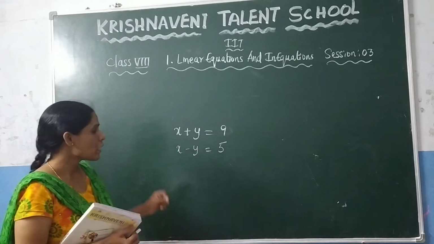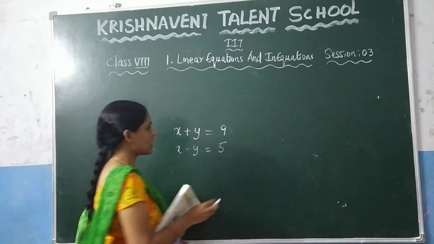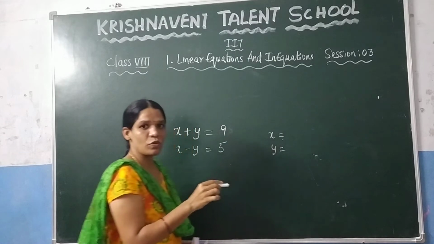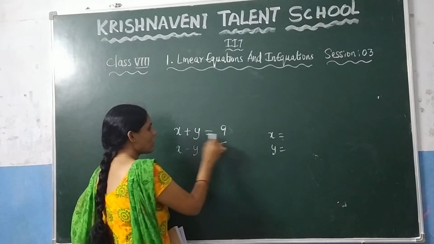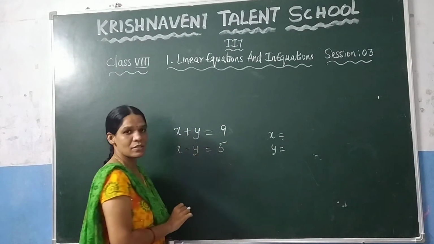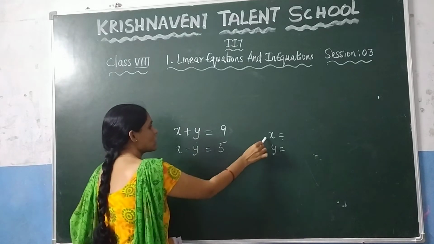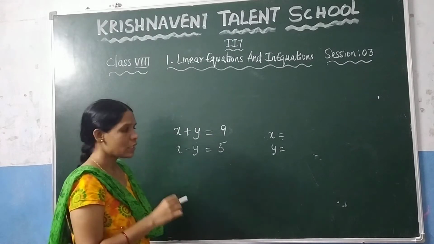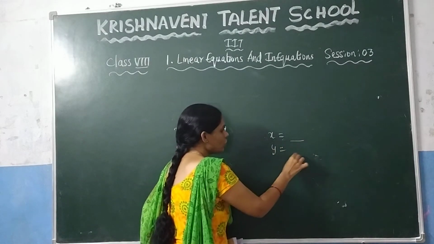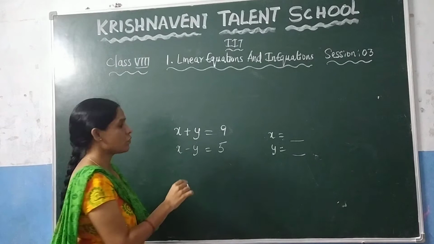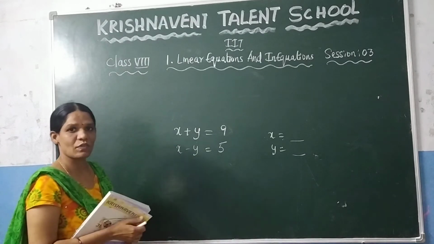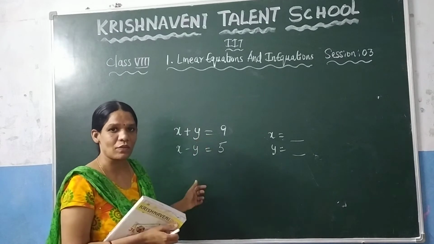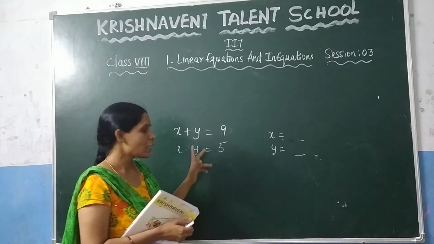That means after finding these values, if you substitute x and y in this equation, you have to get the answer 9, and if you substitute x and y in this equation, you have to get the result 5. That means you get only a unique value if you have two linear equations. If you have two variables, you need two equations to solve them.